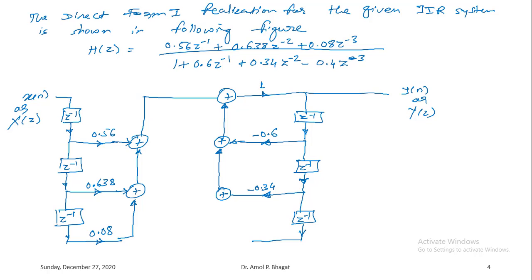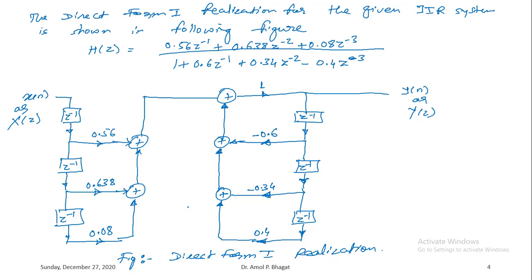So again we'll get a minus 0.4 here, so we'll multiply it with 0.4, then it will be added here, right? Okay, so this is the realization of the denominator. So this is nothing but the figure, that is the direct form 1 realization, right?